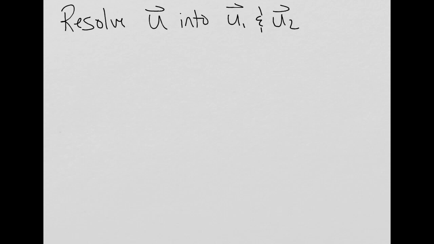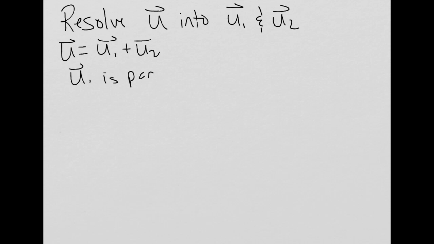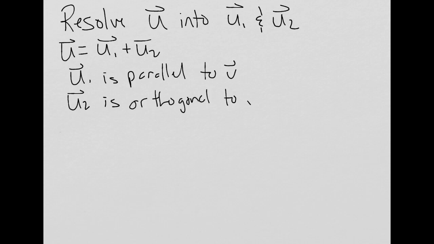So I'm trying to break it apart into two vectors, and this means that u is equal to u1 plus u2, where u1 is parallel to v, and u2 is orthogonal to v. And this resolving of vectors is useful in physics for computing work, for looking at forces that are going in different directions.